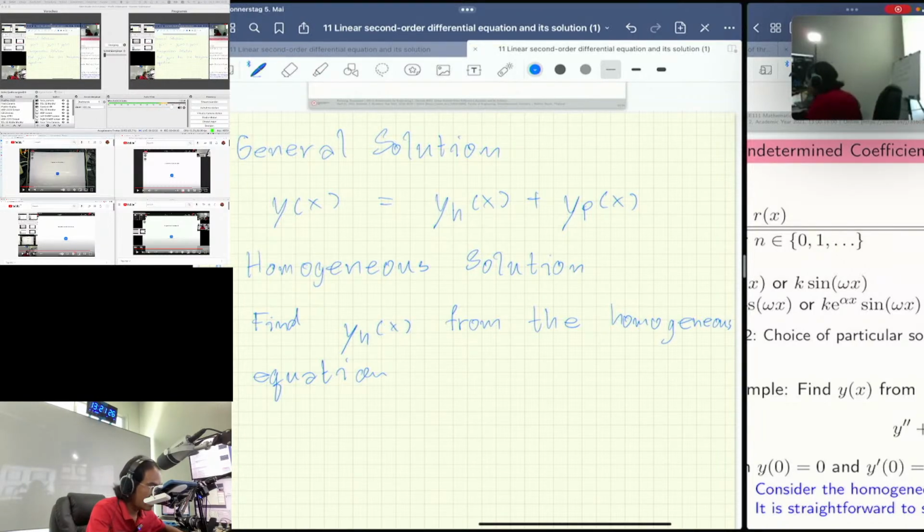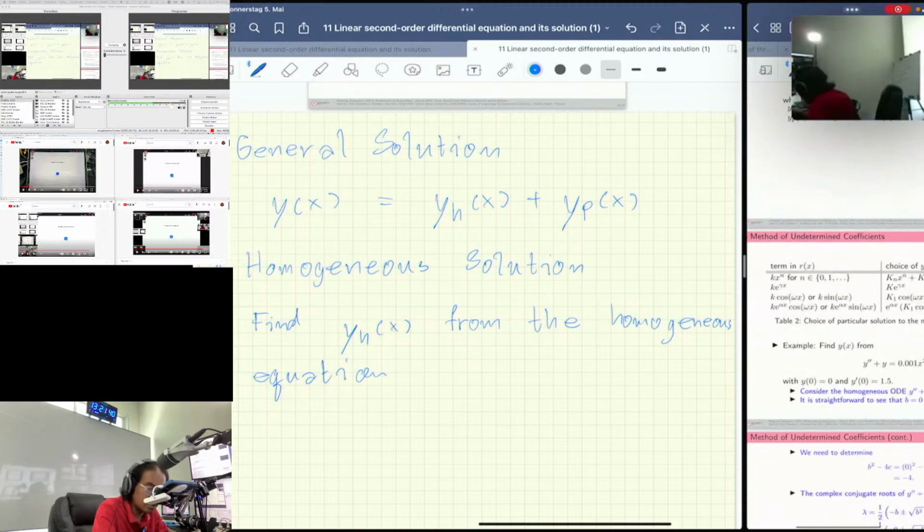Okay, we need to solve this one from the homogeneous equation, and the homogeneous equation in this scenario will be the following.